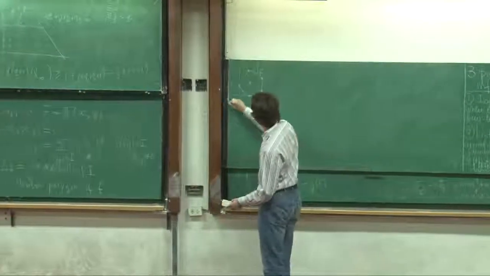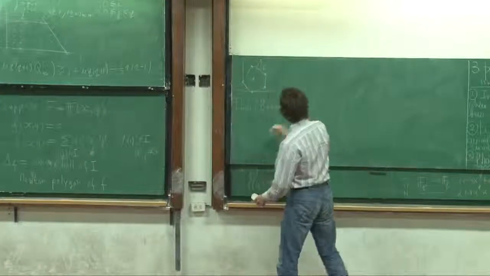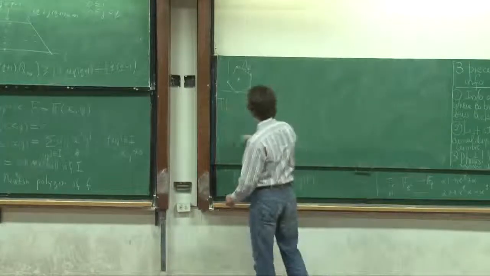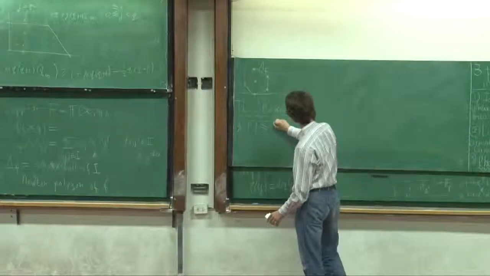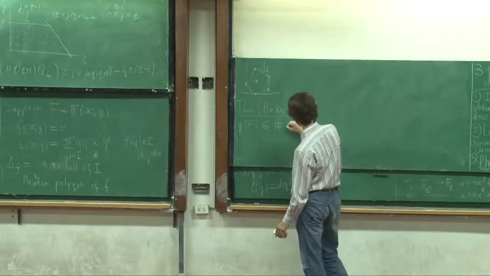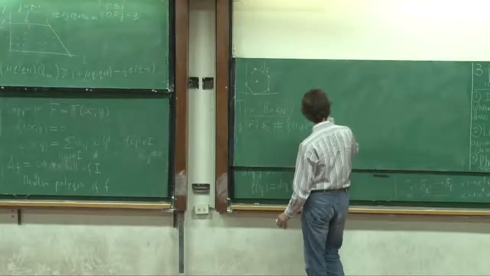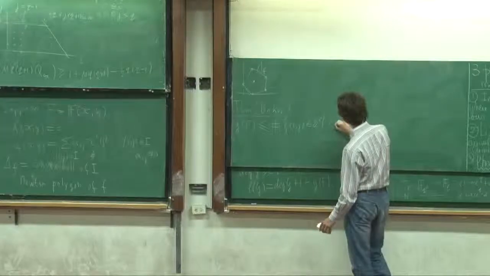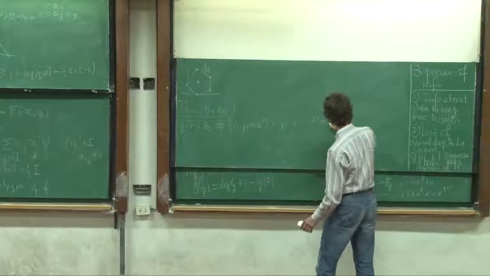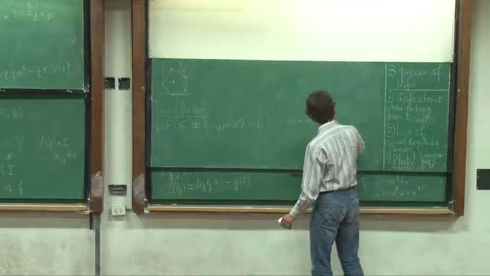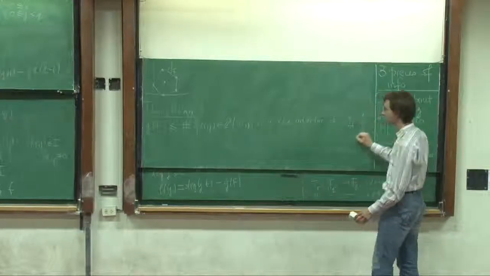Now the theorem states that the genus of this F is less than or equal to the number of, let me just write it, ij in Z squared such that (i, j) is in the interior of this Newton polygon.